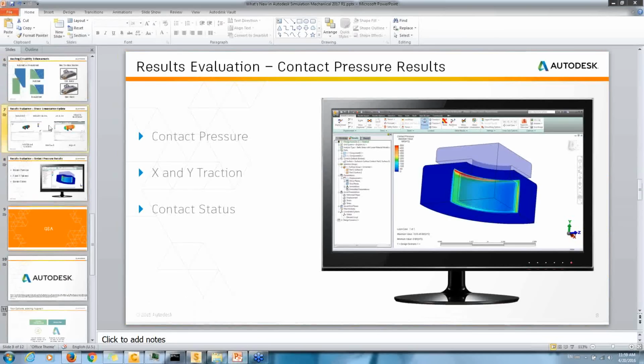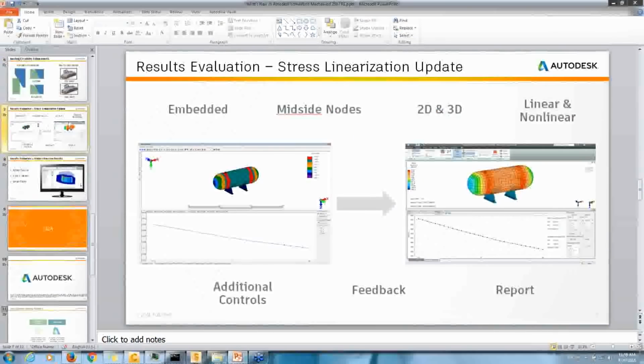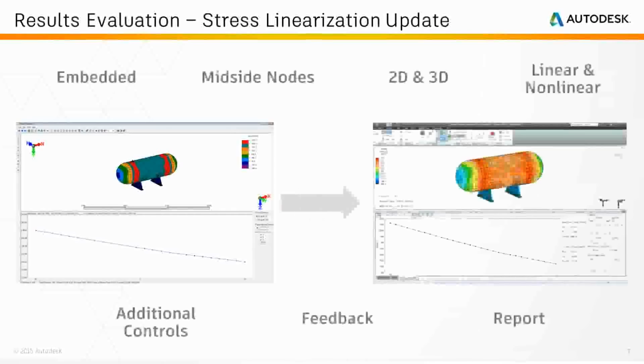There you go. The next improvement that we worked on was a complete rewrite of our stress linearization environment. What we're looking at here are two images. The image on the left shows the stress linearization environment from 2016, and the image on the right is the 2017 stress linearization environment.